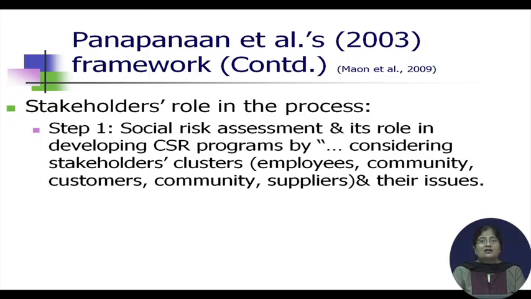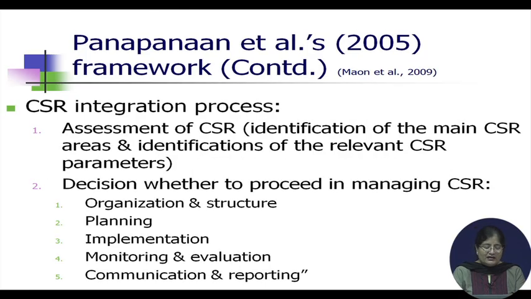So they go in and find out what the stakeholders want, identify what parameters you want to address, which part of which responsibility you want to focus on, then you plan, then you implement, then you monitor and evaluate, and then you put it back into your systems.